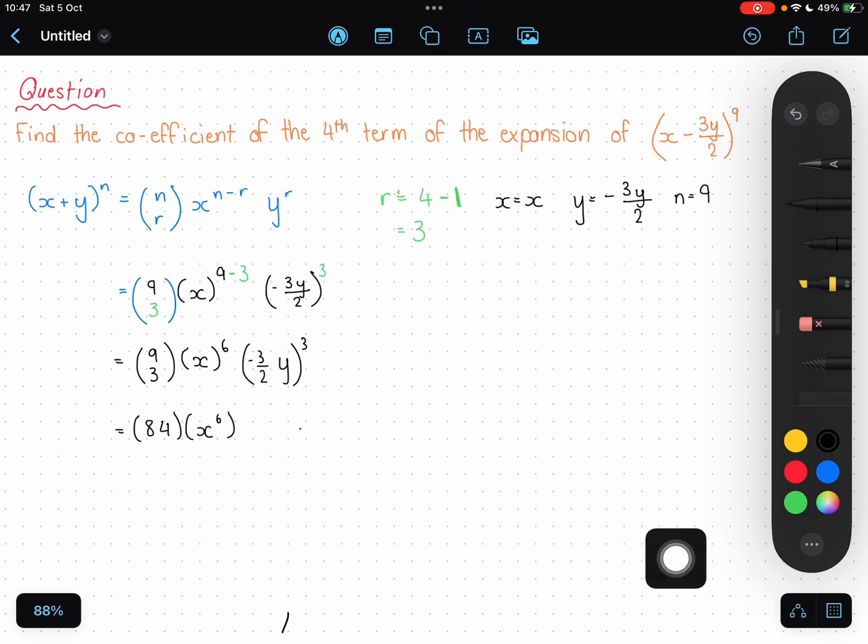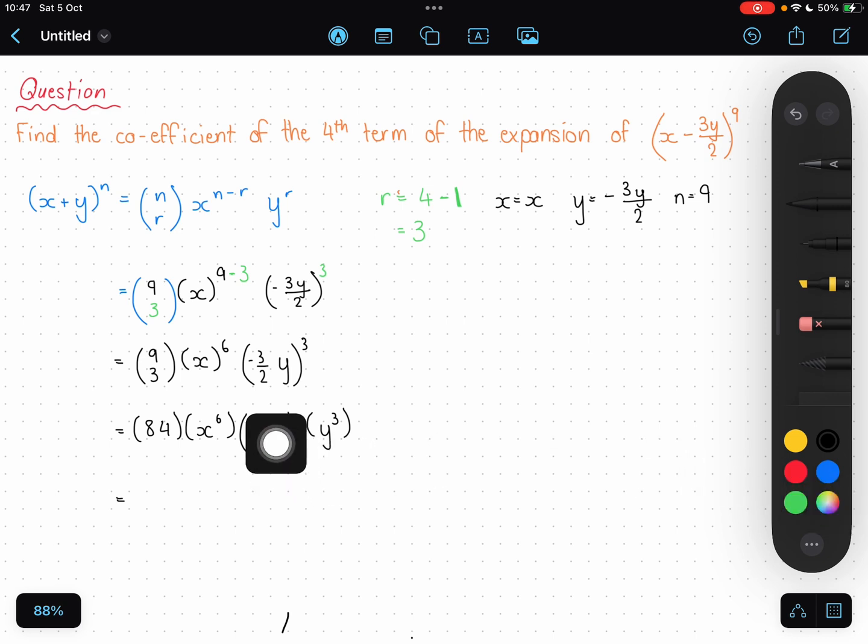Okay, so you can type into your calculator there the minus 3 over 2 to the power of 3. We know that because it's a minus to an odd power, it's going to stay a minus. And then I have 3 cubed, which is 27, over 2 cubed, which is 8. And then lastly, my y is also cubed, so y cubed.